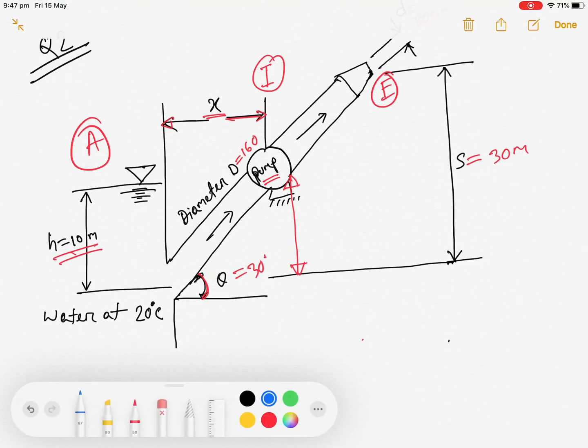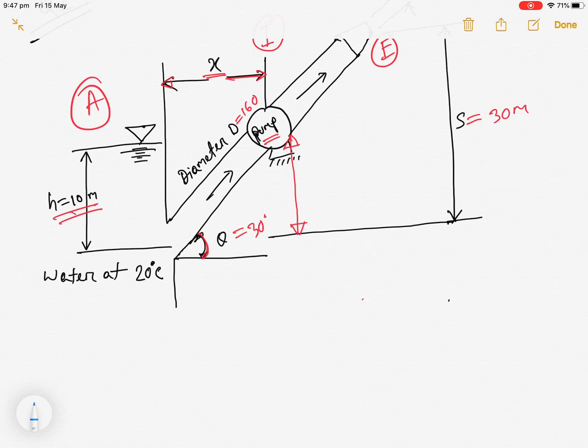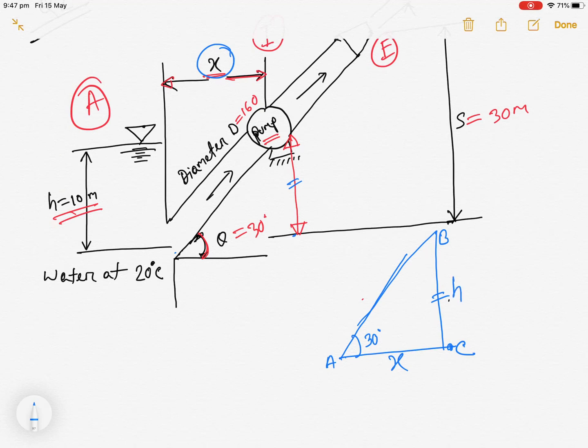Maybe I can draw this section like this. Let's say it creates a 30 degree angle here, and this is the height. If we denote the points A, B, C, the distance from here to here is x, and we need this height.